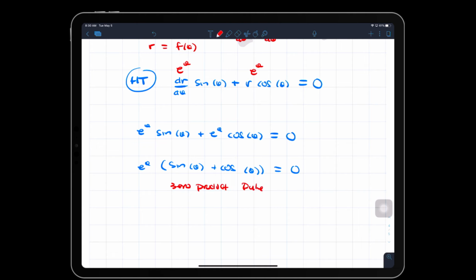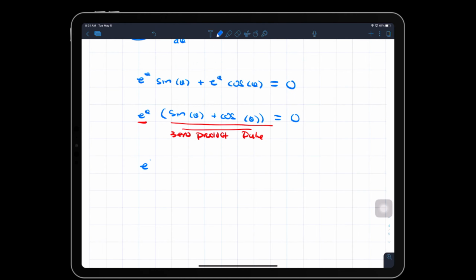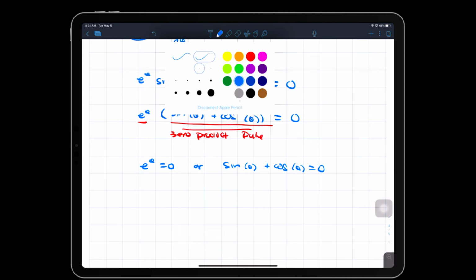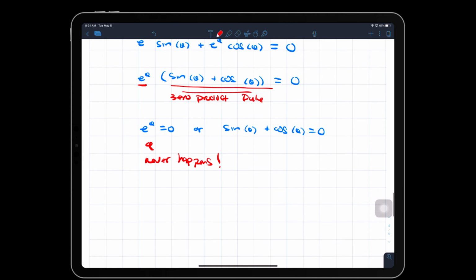That means when you multiply two things together and they equal 0, well, that means either is 0 or both. That means e^theta is 0 or sine theta plus cosine theta is 0. And I want to remind people that e^theta could never be 0. There's no theta that exists that'll make that exponential a 0 value.